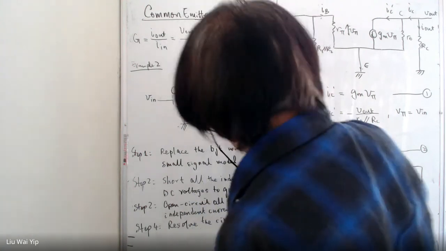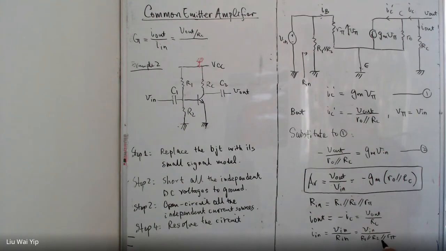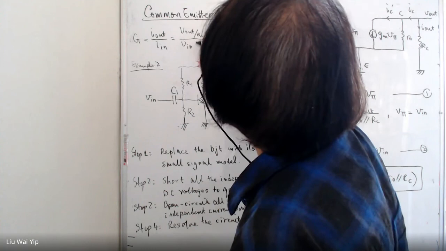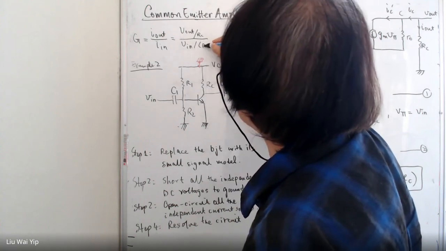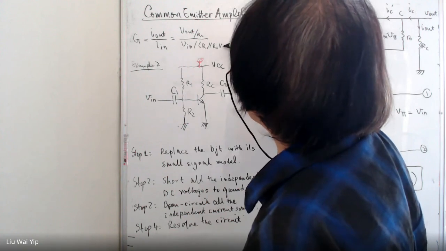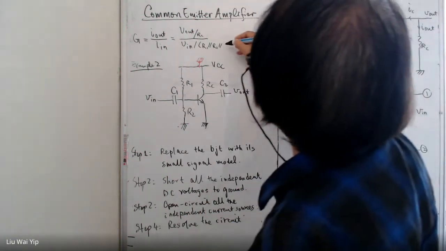And according to here, I in is equal to that much, V in divided by the expression R1 in parallel with R2 in parallel with R pi.